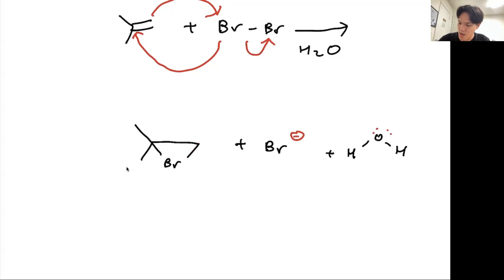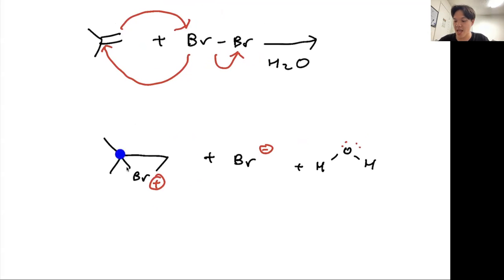And then now this bromine is positively charged, right? Again, pattern recognition. We've done this before. It's good for you to do the formal charge, but it's just all about recognizing these patterns, right?